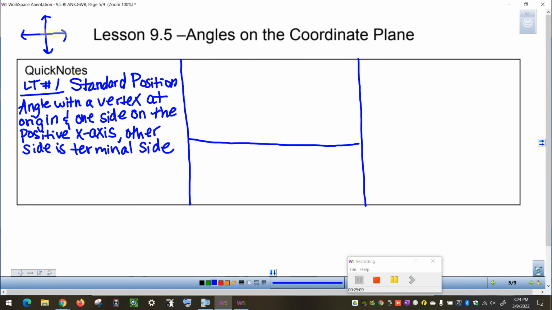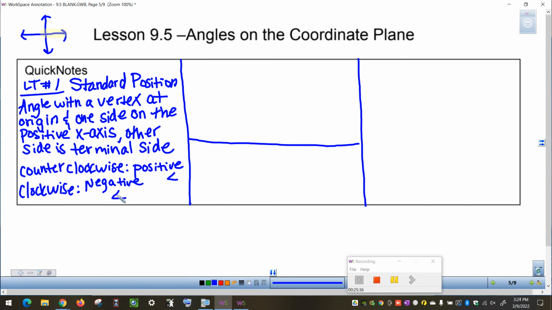Now, about the direction that it goes, we saw that if it was counterclockwise, it was a positive angle. And if it was clockwise, we get a negative angle. I'm just going to use this little symbol here to represent angles.